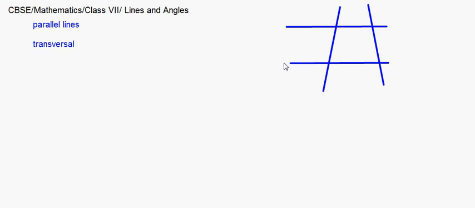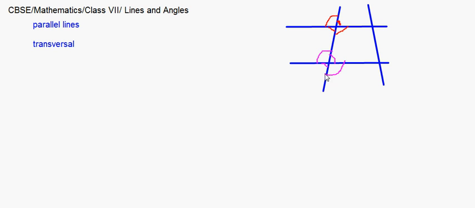When there is a transversal, there are angles formed. If you notice, I'll just show you. This is one angle formed here. Here also another formed, like this one. I'm talking about only the one transversal, the first one which I had drawn and the one which I'm using now.